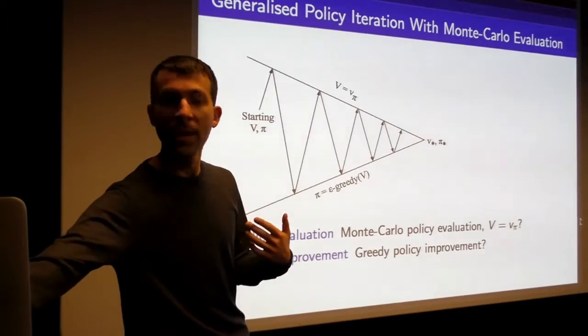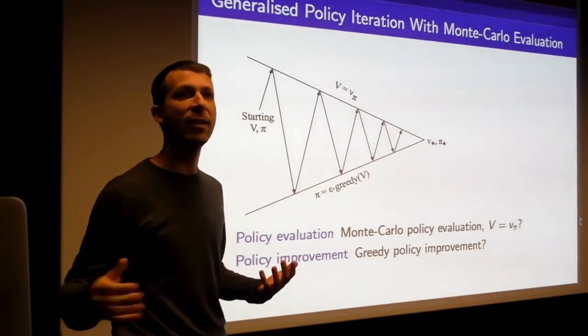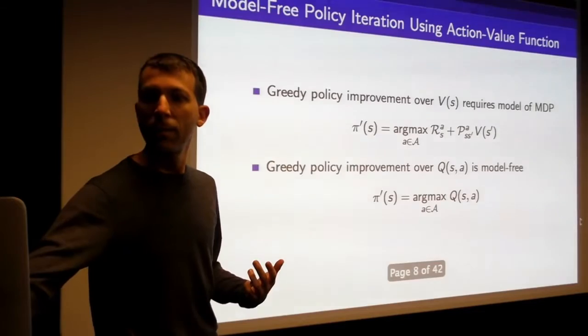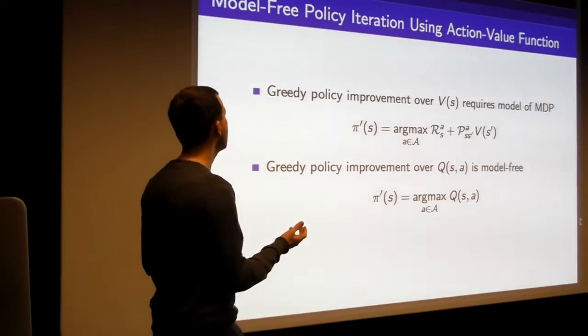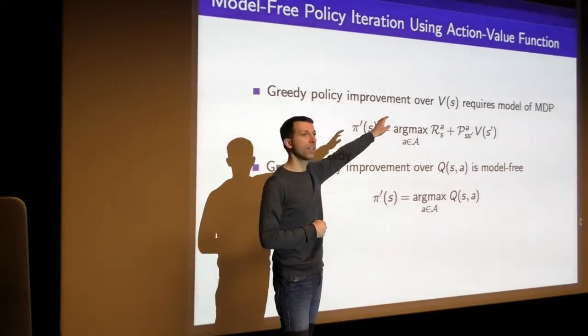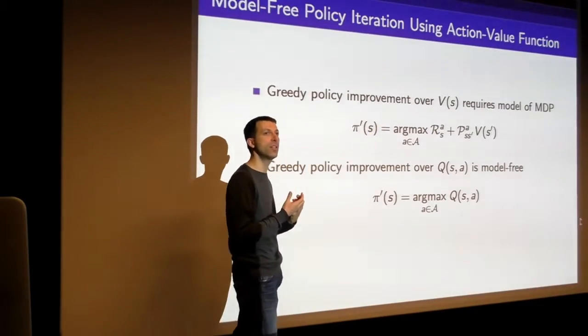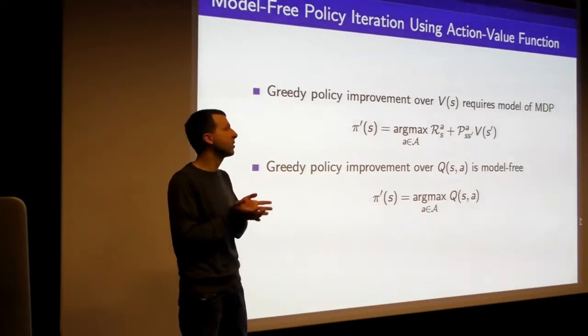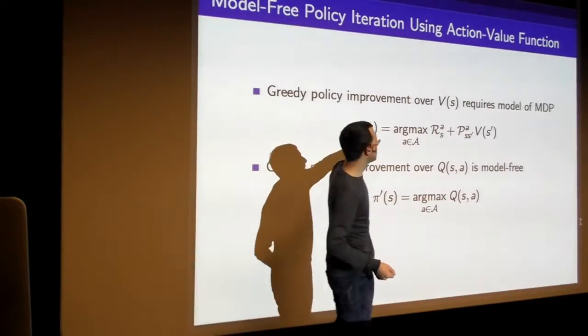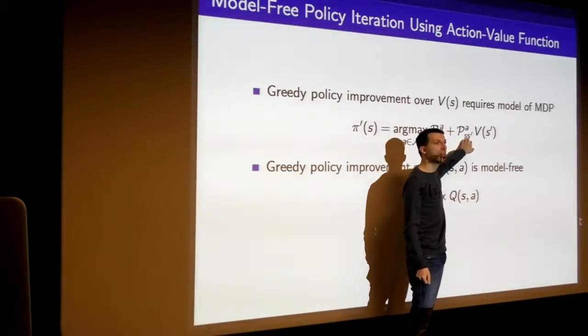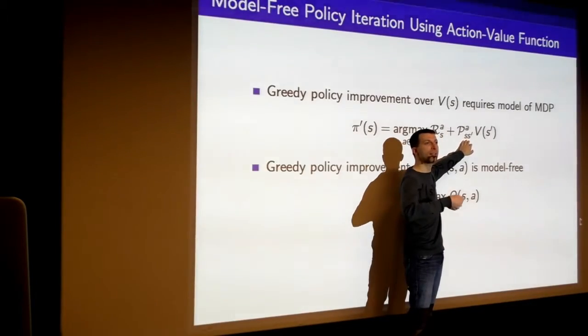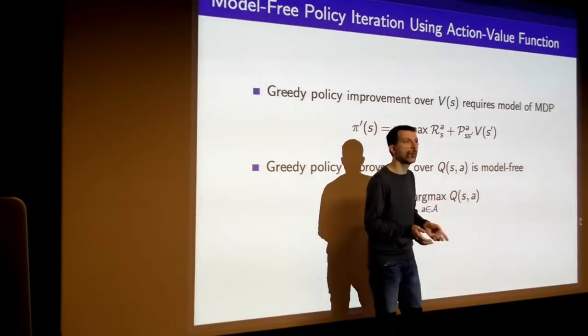So the issue is that we want to be model-free. But how can you be model-free when you're using the value function V? If you only have the state value function, and you want to act greedily with respect to it, you still need a model of the MDP to figure out how to act greedily. You only know the value of each state.